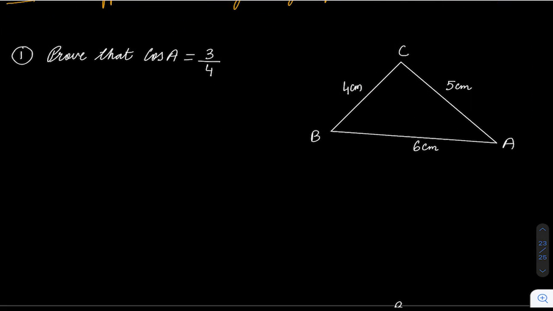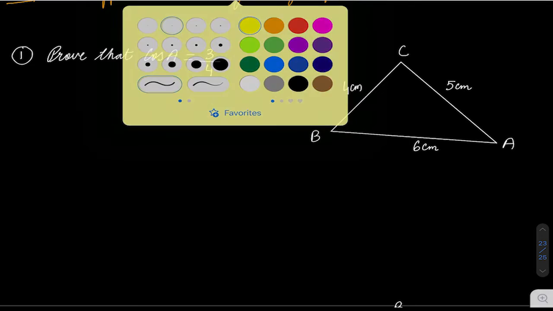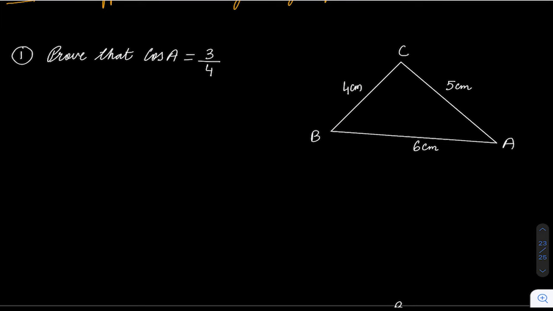So if all three sides are given, then obviously we can find all the angles. This is a very simple thing to understand. But they are asking for only cos A.